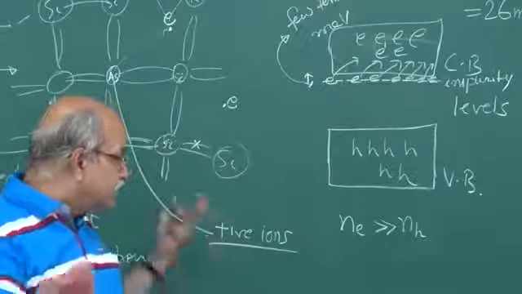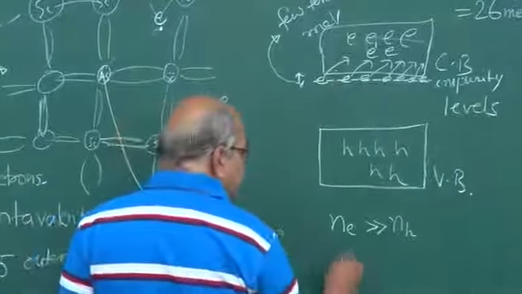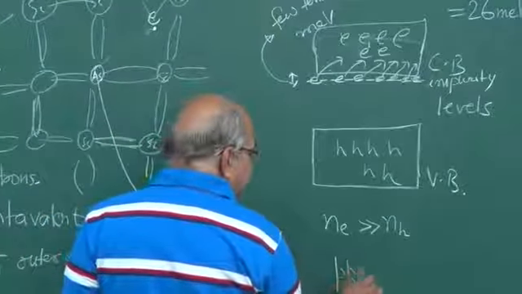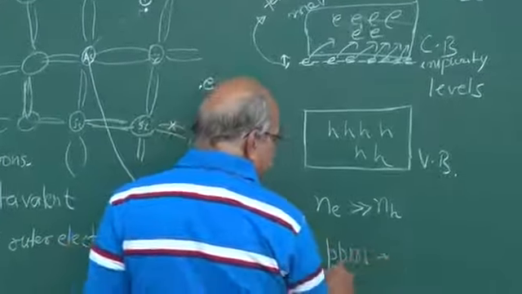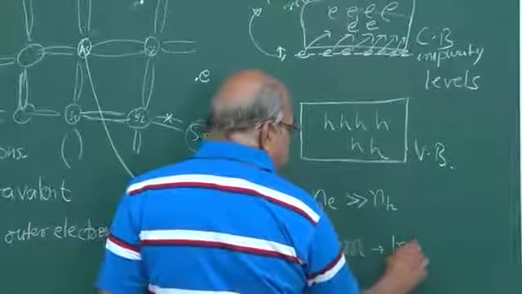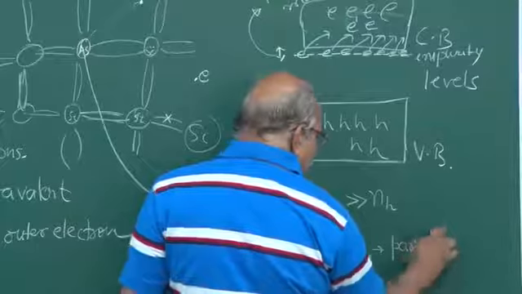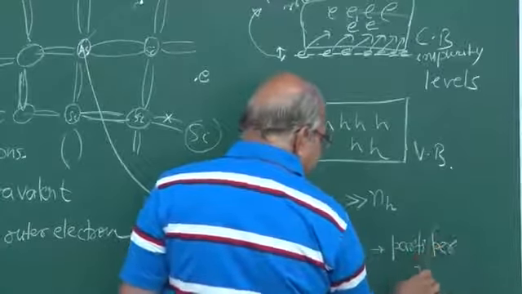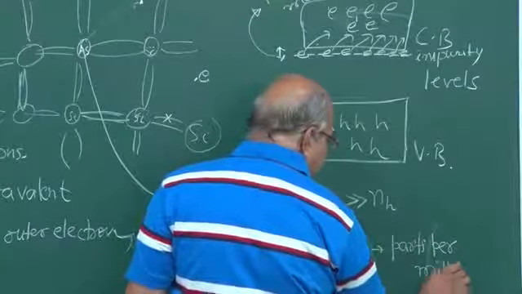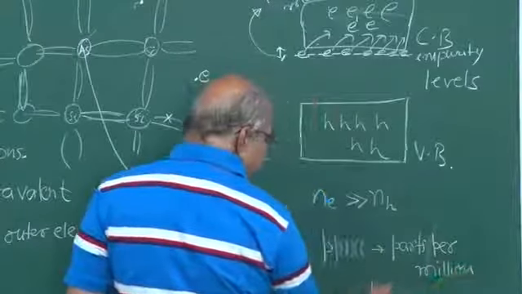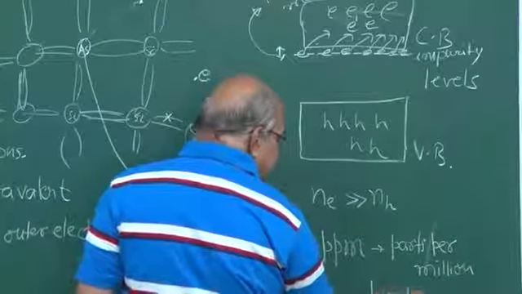Normally, let us say ppm type doping. What is ppm? Parts per million. 1 in 10 to the power 6.